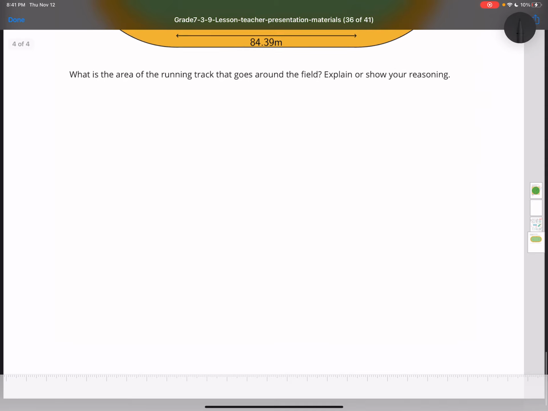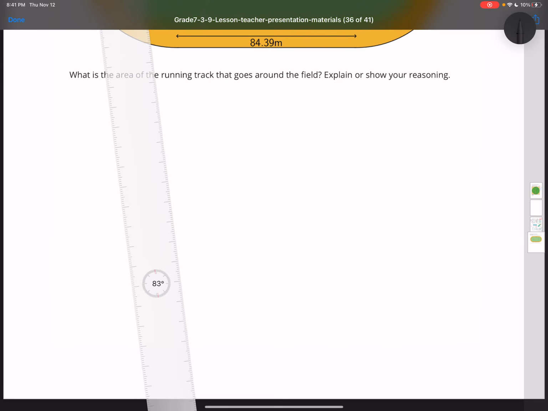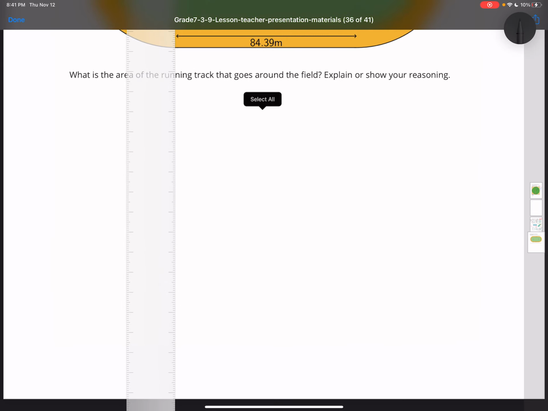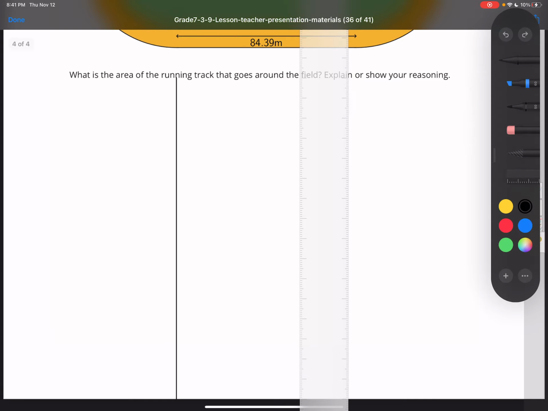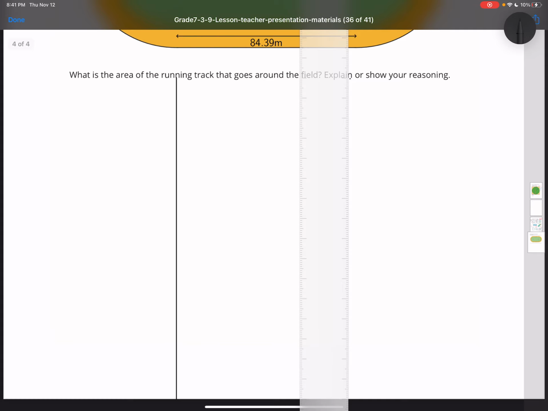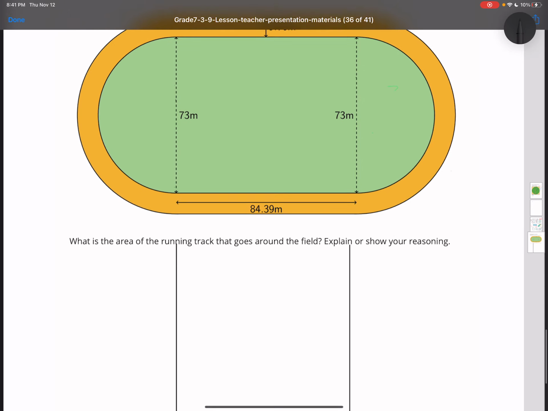Let me use my ruler, and you can do this with your paper at home. All right, so I have it partitioned into 3 sections.